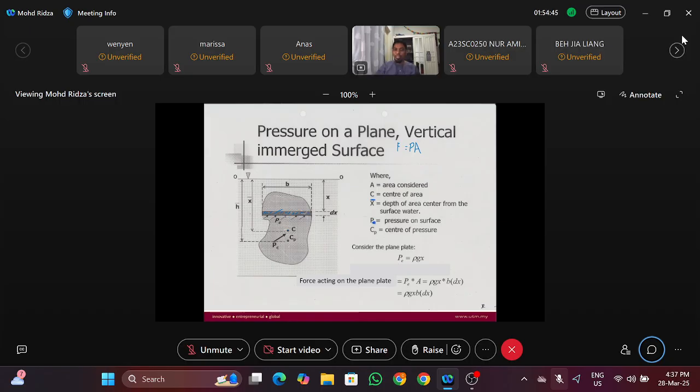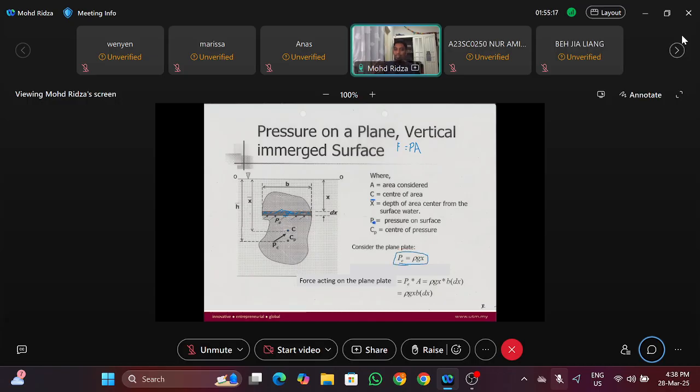You remember the equation, pressure is rho g h. In our case, it's going to be rho g x. Because it's very small, it doesn't matter whether x is at the top, x at the bottom, or x at the middle. So just take x, rho g x. So that is the pressure at a very small element here.